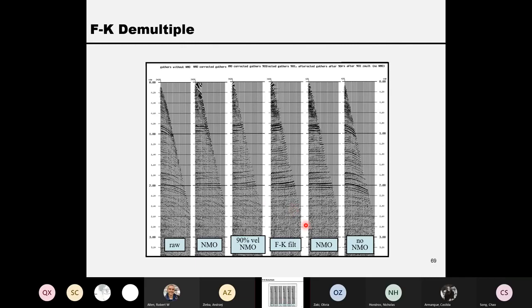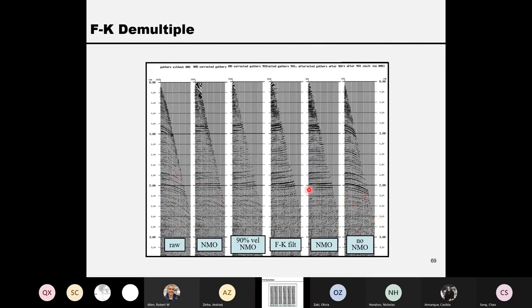So any trend in this way has been completely removed. You only have this trend, because this one is not true NMO, you only used 90%, so you can recover that, and it becomes normal, or you redo the NMO and it becomes flat. Okay, so if we compare this to this, you can see multiples removed, and after multiple removal your reflections actually appear clearer.